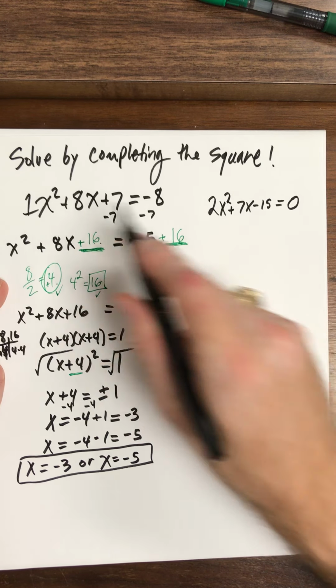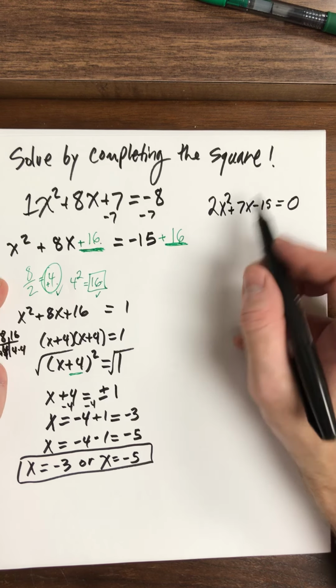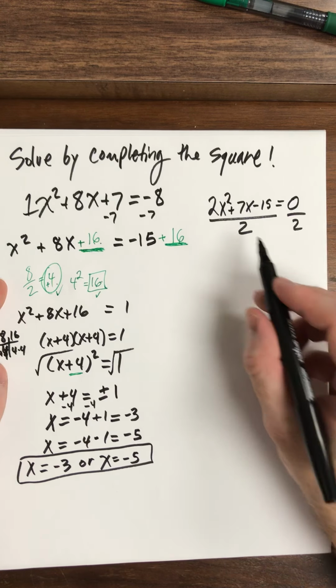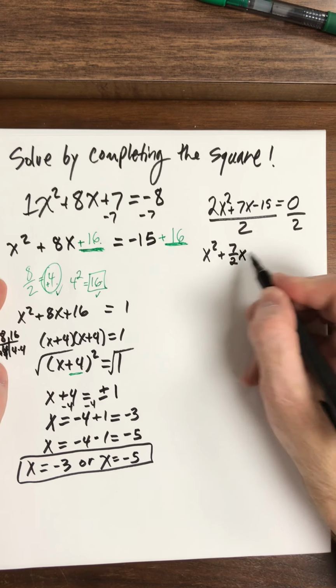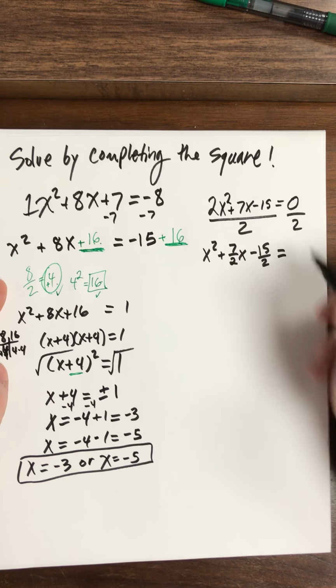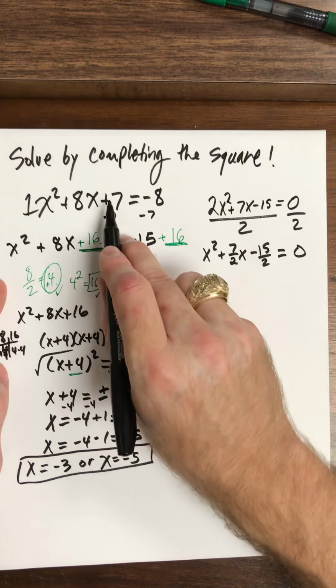I need to make it 1. So that's my first step. I'm going to divide everything on the left by 2, and I divide everything on the right by 2. So this becomes x squared plus 7 over 2 x minus 15 over 2 equals, well, 0 divided by 2 is still 0.